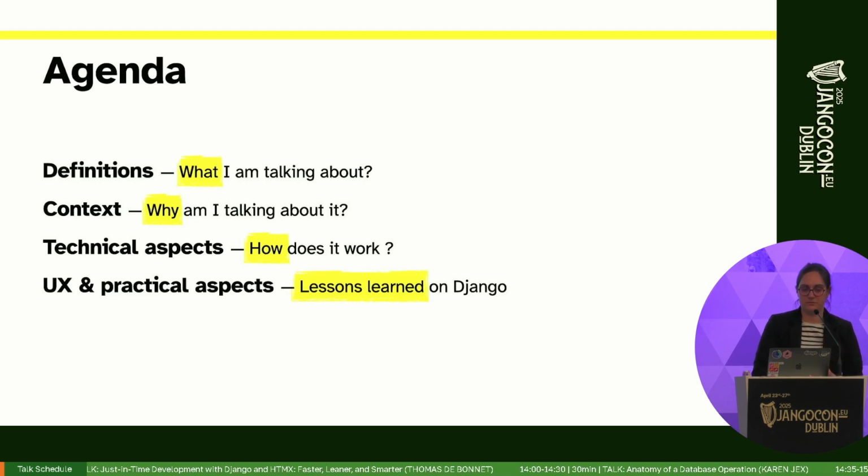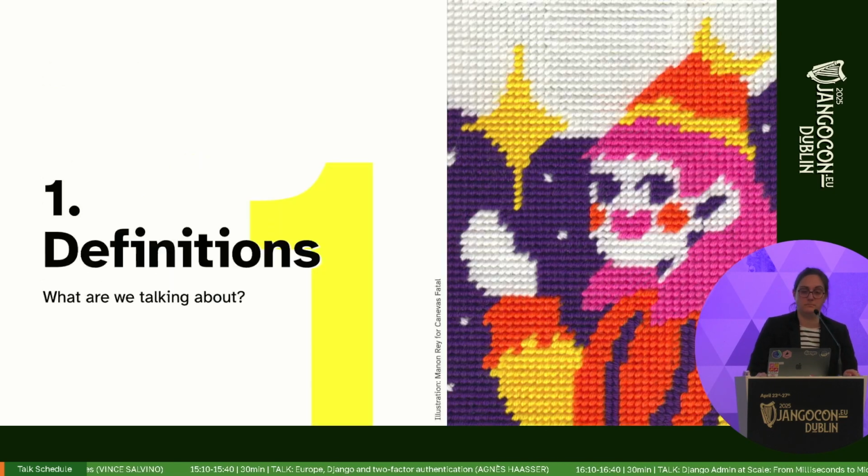Next, I'll try to give you a basic understanding of how it works, so you can understand the error messages that your third-party package displays. And finally, I will share my personal experience regarding MFA on Django. You ready? Let's go.